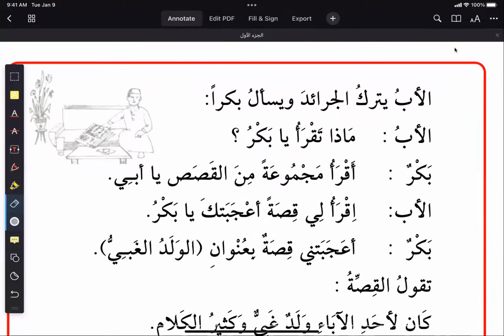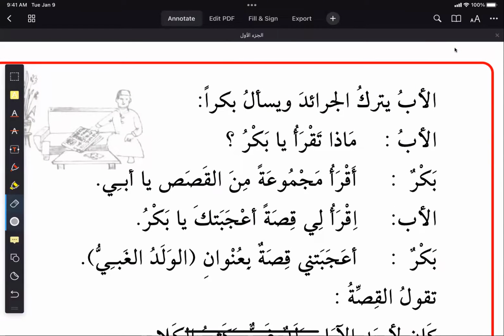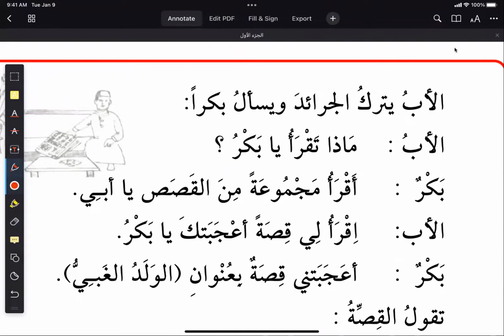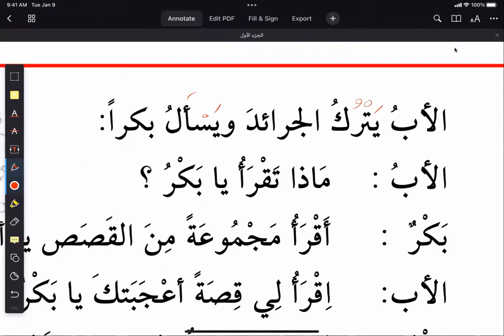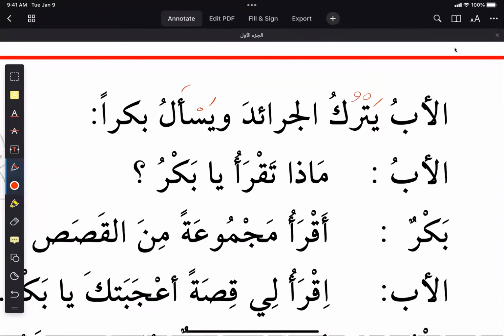So moving to the next page, we have Al-Abu yatrukul jara'ida wa yas'alu bakran. Okay, so let's do some analysis here. Let's analyze this sentence. Al-Abu yatruku al-jara'id.